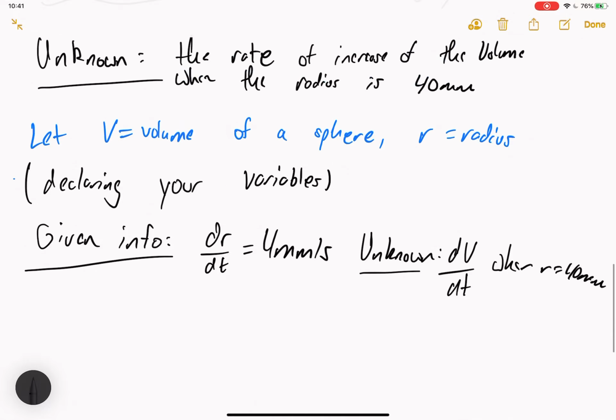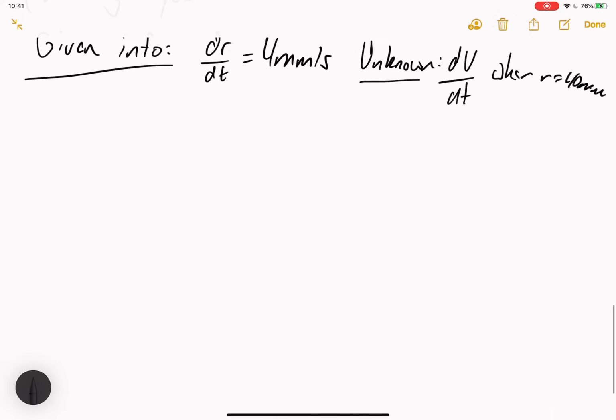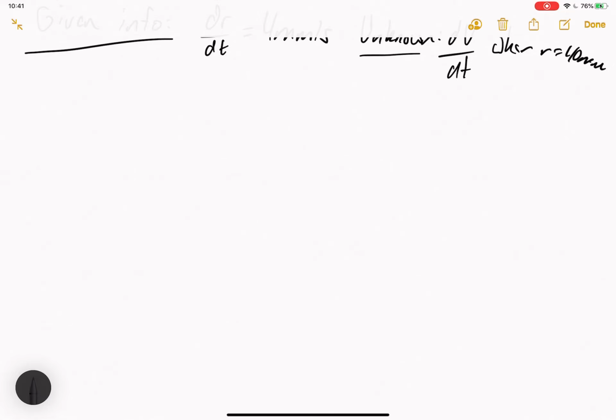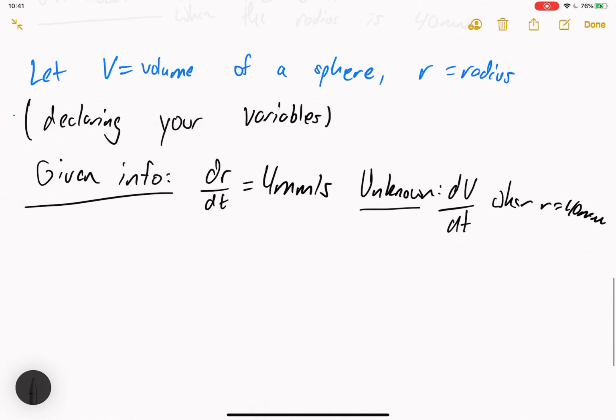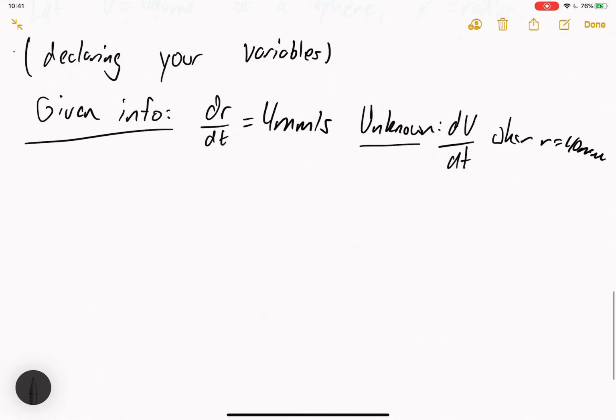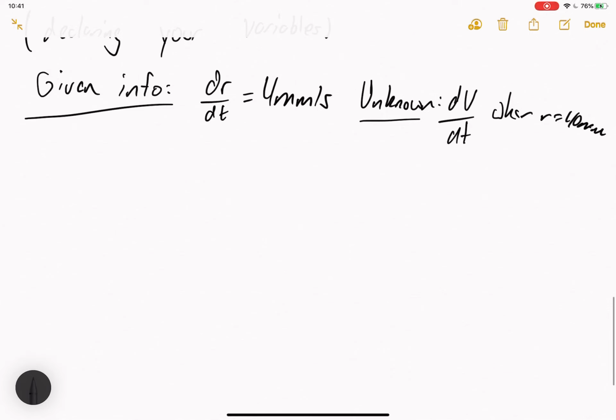All right, so far it's not so bad, but let's keep on going. Again, we need to relate them somehow. We need to write the volume in terms of the radius, or vice versa. But we do have a relationship for that. We actually do know the volume of a sphere.